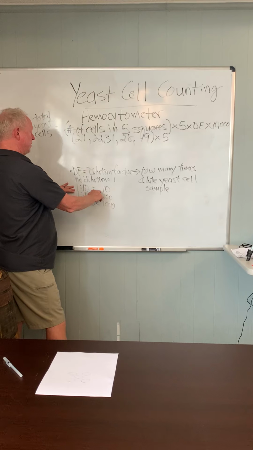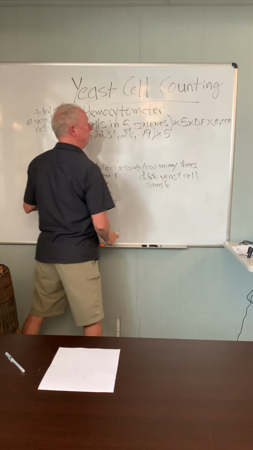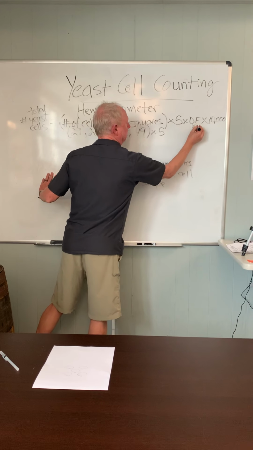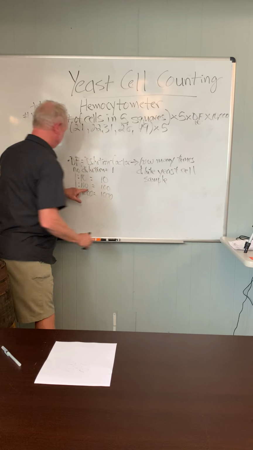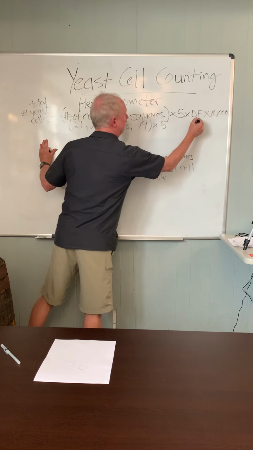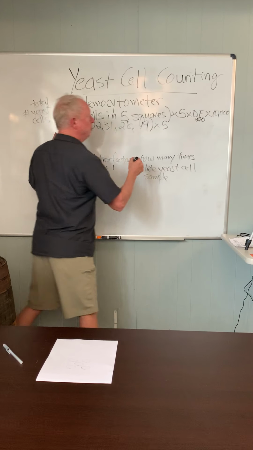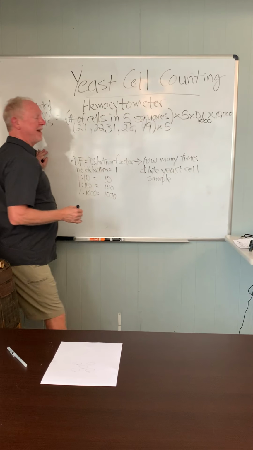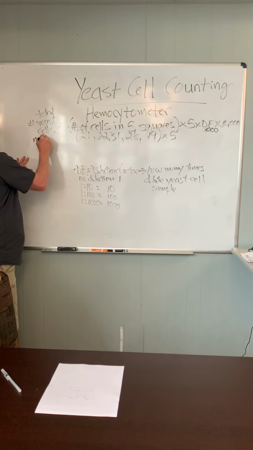If we diluted it once, it means it's a factor of 10. We would have put 10 here and multiplied that out. If we diluted it a second time to 1 in 100, then our dilution factor would have been 100. And if we did it a third time, which probably you won't, but you could, the factor is 1,000. And so these numbers are going to be in the millions.